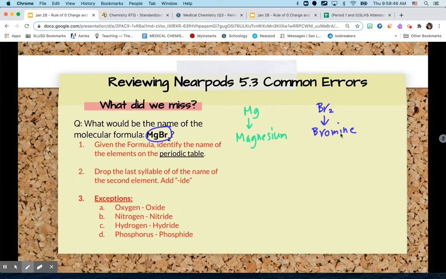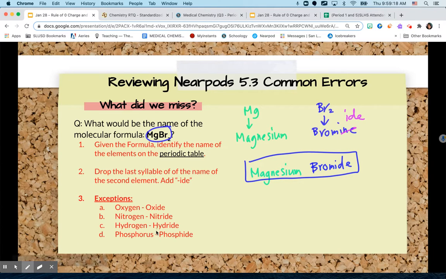Bromine, ene is the last syllable, so we're going to cross that out and add ide instead. So bromine becomes bromide. Therefore, the full name of MgBr2 when they're together is magnesium bromide.